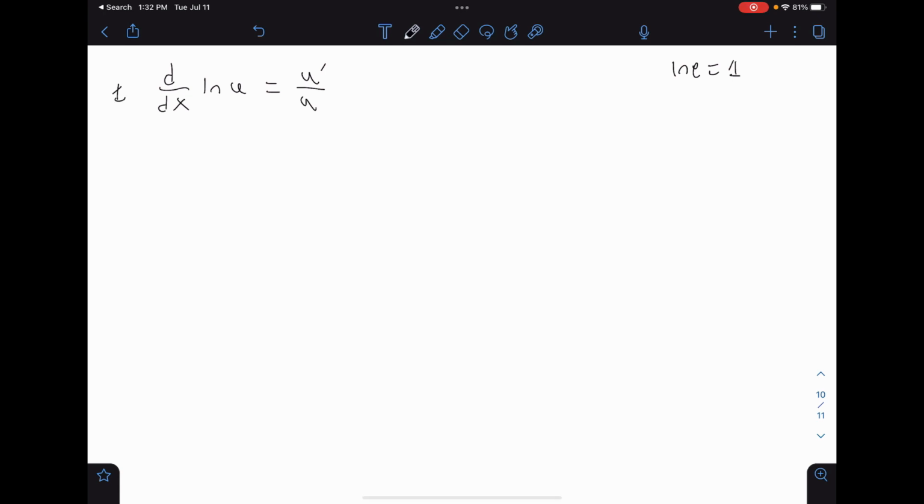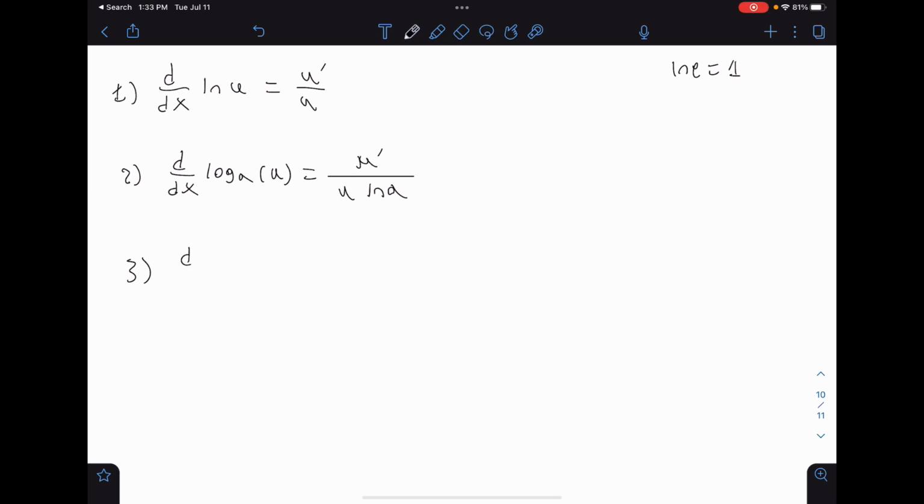So next we have the derivative of log to base a, so a being just some random number, and not e, because if it was e, it would be natural logarithm. Log base a of u is just equal to u prime over u, the same as ln, but we also have to account for this base a here because it's not base e, so that's just multiplied by ln a.